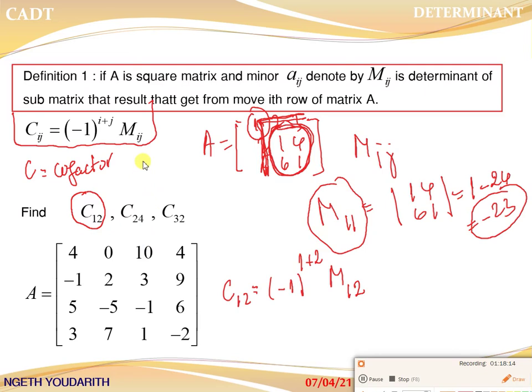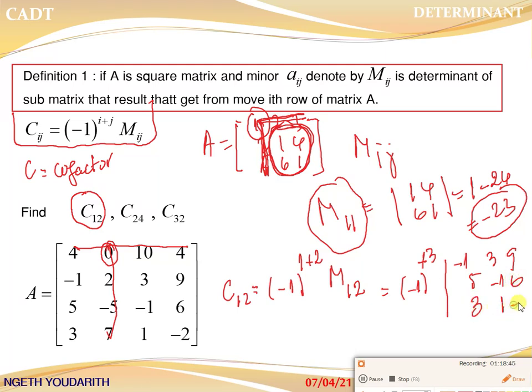M12 means row 1 and column 2. So we omit this row and this column. So we get minus 1 to the power 3, and we get minus 1, 3, 9, 5, minus 1 and 6. And this one is 3, 1 and minus 2. So we get the result for M12.